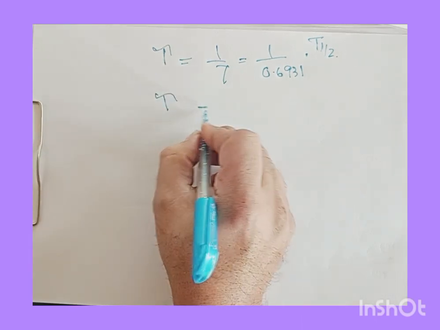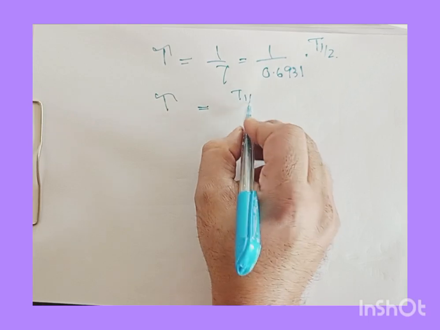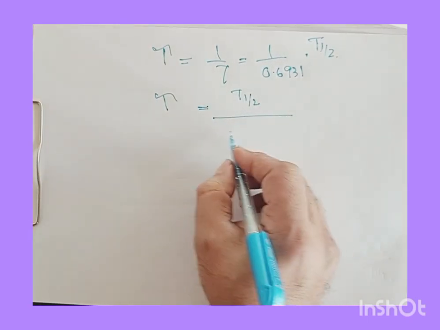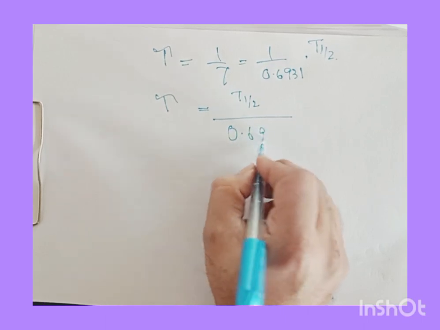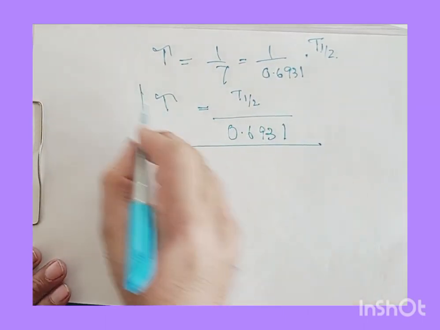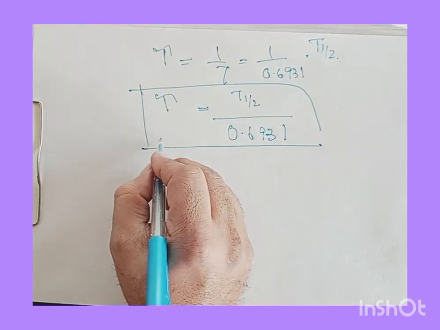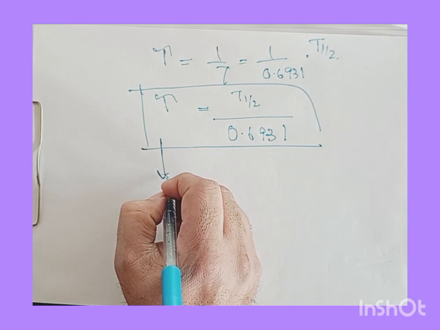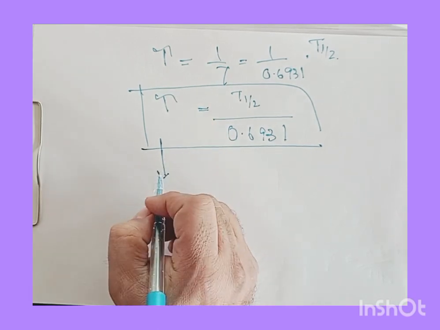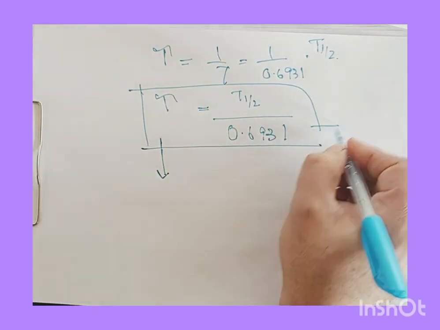So tau will be T half by 0.6931. So this is our final relation that correlates the average life of all the nuclei in a sample and the half-life of the same sample.